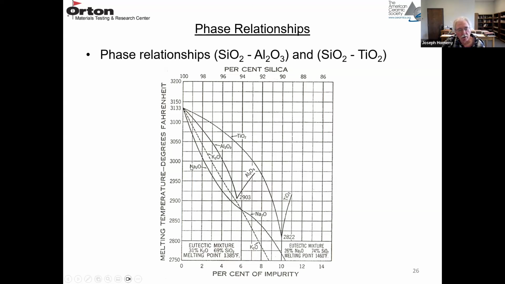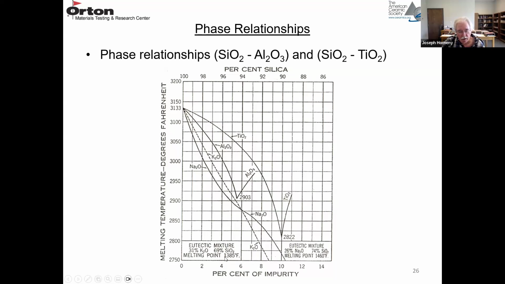Also on this diagram are sodium oxide and potassium oxide, and they lower the temperature even faster at smaller amounts. The melting temperature really drops off with either one of these alkalis. They continue off the chart, where the eutectic for potassium is 31% K2O and 69% SiO2.